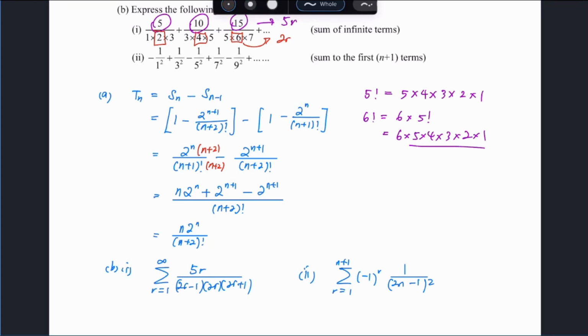Good question. When can you use n? When can you use r? The problem is if your sum is to n plus 1, then already given n, you need to avoid n. If on top is n, you have to change a variable. So you can use r.